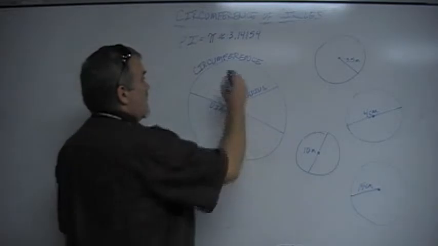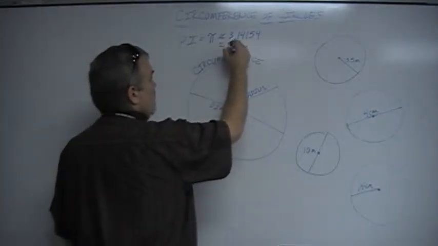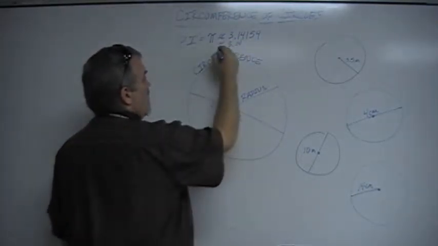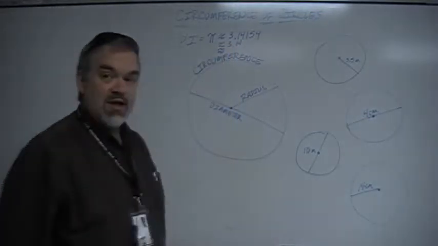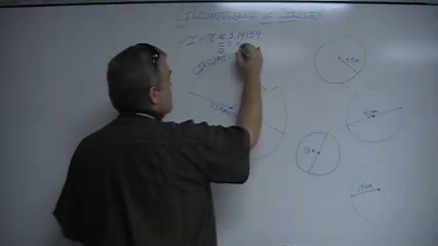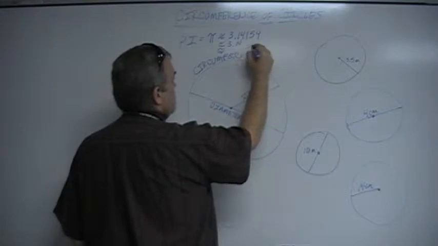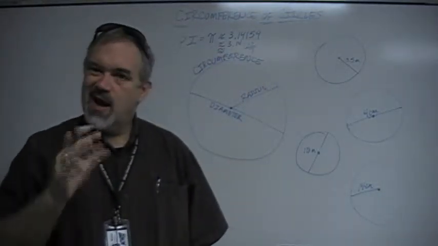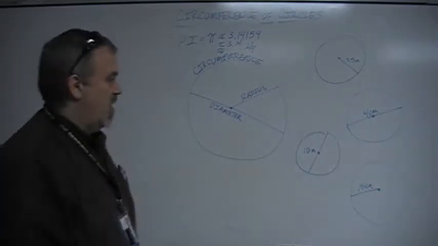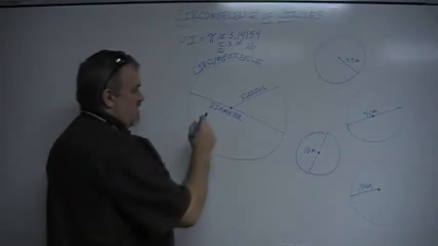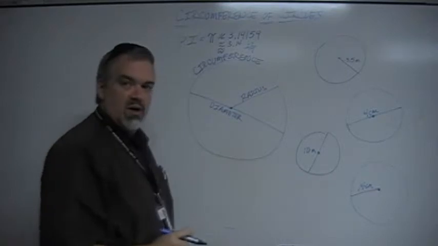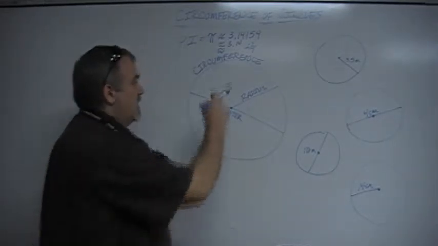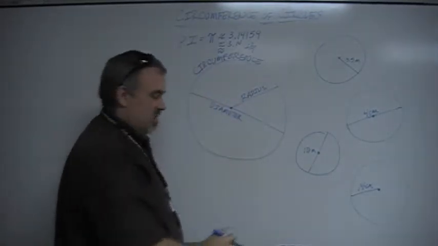We would just say it's approximately equal to 3.14, or as a fraction, we sometimes use 22 over 7. That's roughly the same number. They're not all exactly right, but they're close enough for our purposes. So if you take the diameter of any circle and you multiply it by pi, then you're going to get the circumference of that circle.